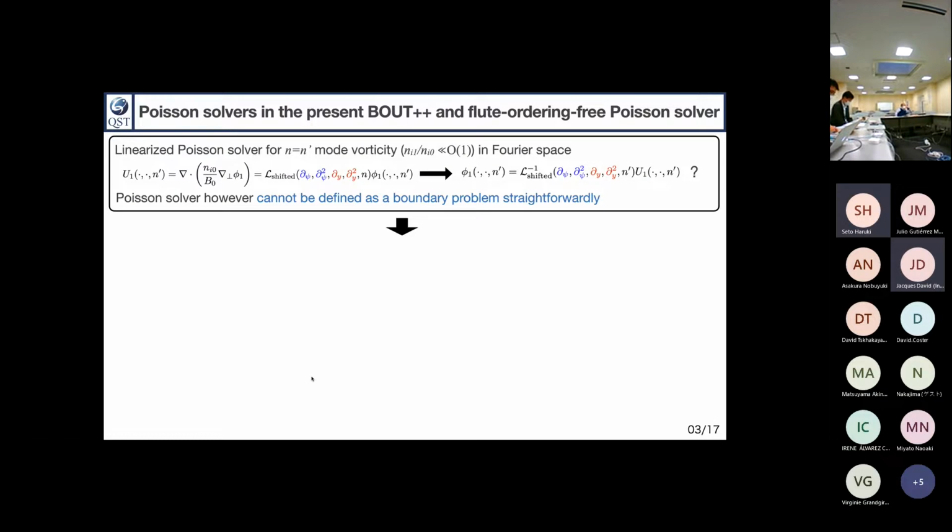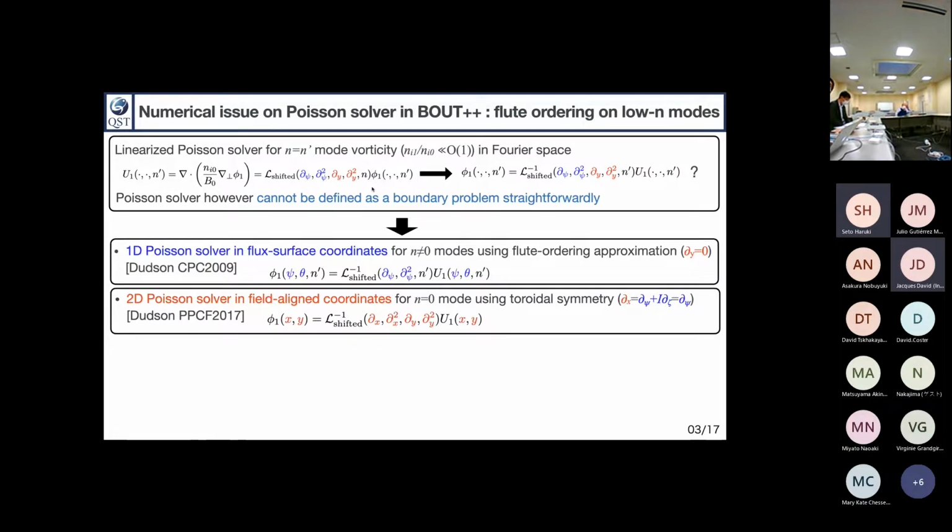Now the linearized Poisson solver for n equals n' modes of vorticity in Fourier space with shifted metrics can be expressed with the following form, including the radial derivative in flux surface coordinate and parallel derivatives in field-aligned coordinate systems. To define the Poisson solver as a boundary problem in flux surface coordinates for resonant modes, the flute ordering assumption is employed to neglect the parallel derivatives like that.